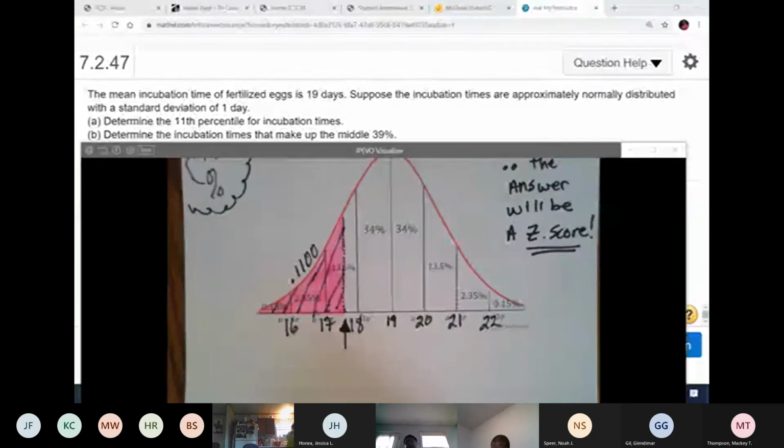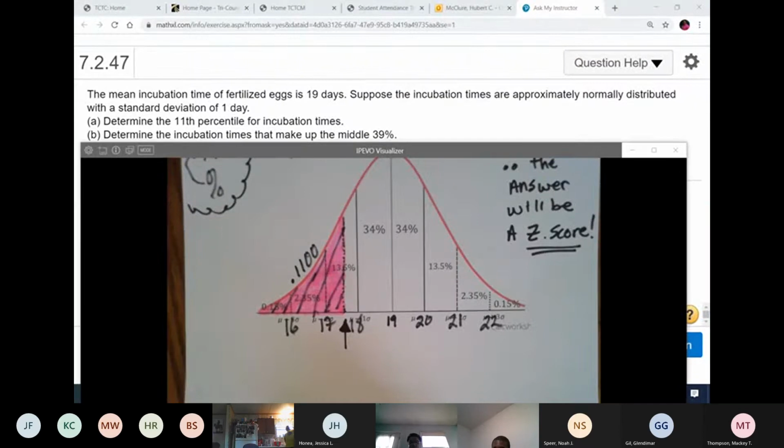Now there's one problem. A z-score and how many days you carry a baby is not the same thing. Miss Gill and Miss Kidd, who are both in nursing, can tell you that.